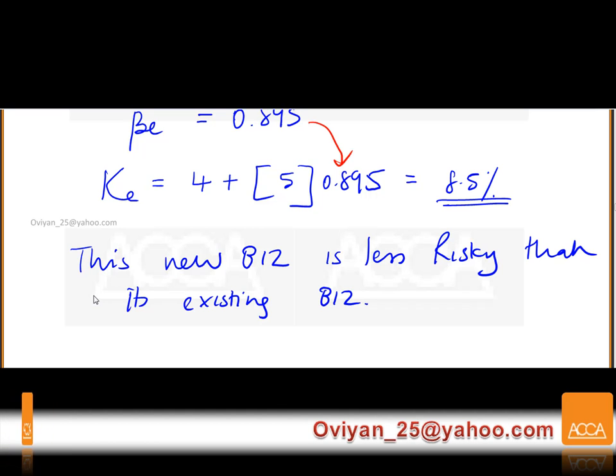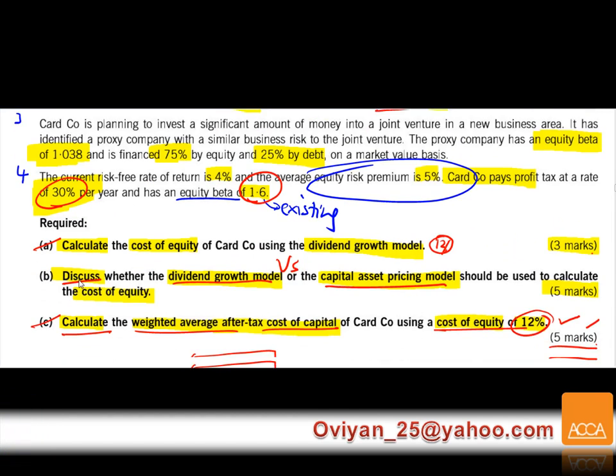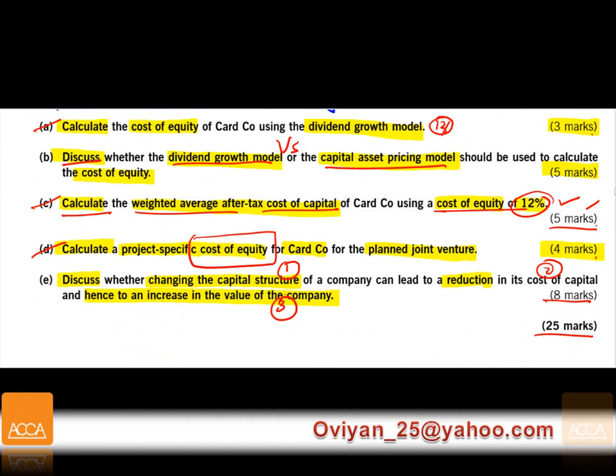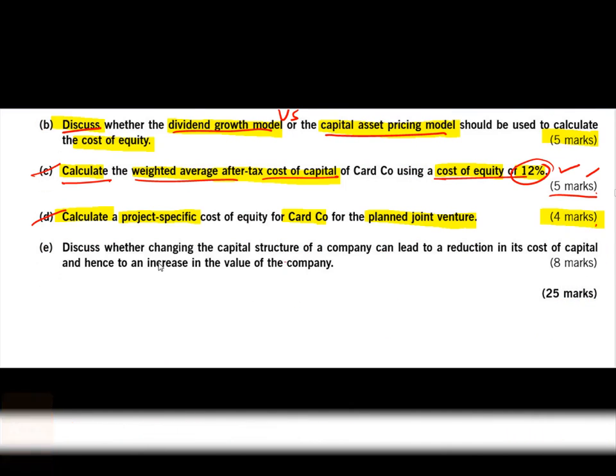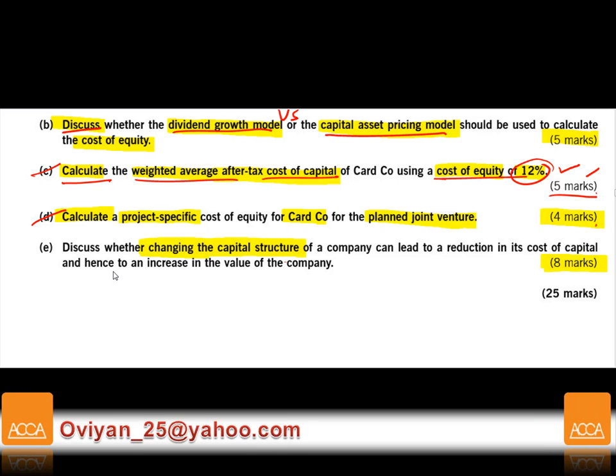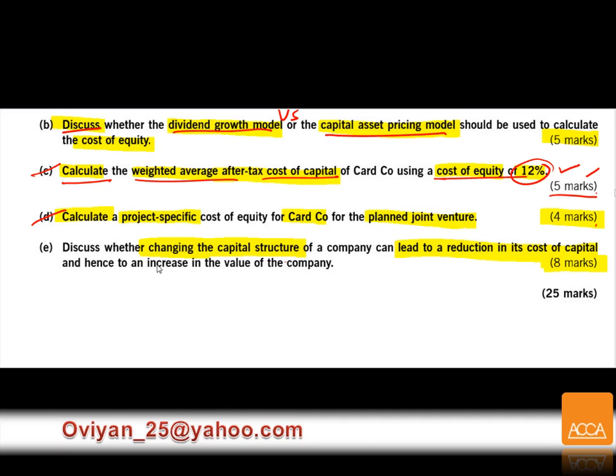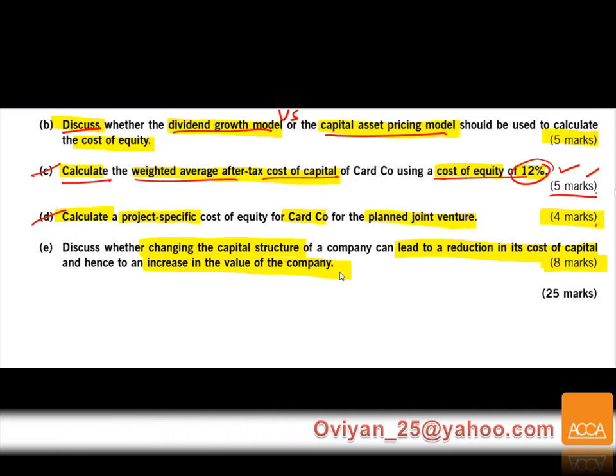Now, continuing with the last part of this question, discuss, let's get these 8 marks. Let me briefly give you the answer for these 8 marks. What you need to write for this. Discuss whether changing the capital structure can lead to a reduction in your cost of capital and eventually increase the value of the company.